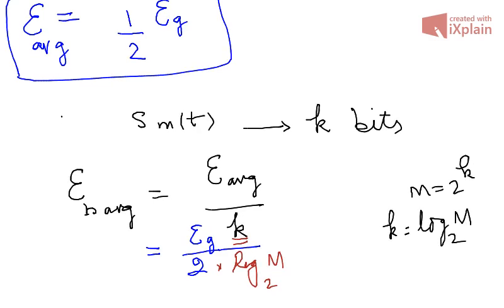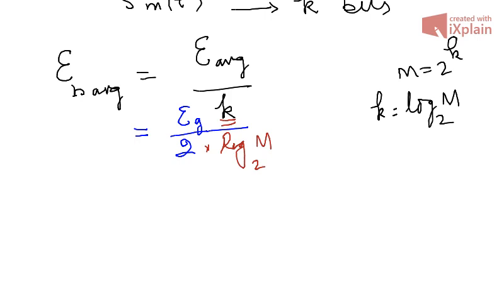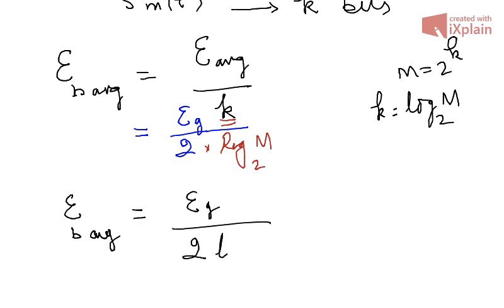So our expression for the average bit energy turns out to be Eg over 2 log M to the base 2.